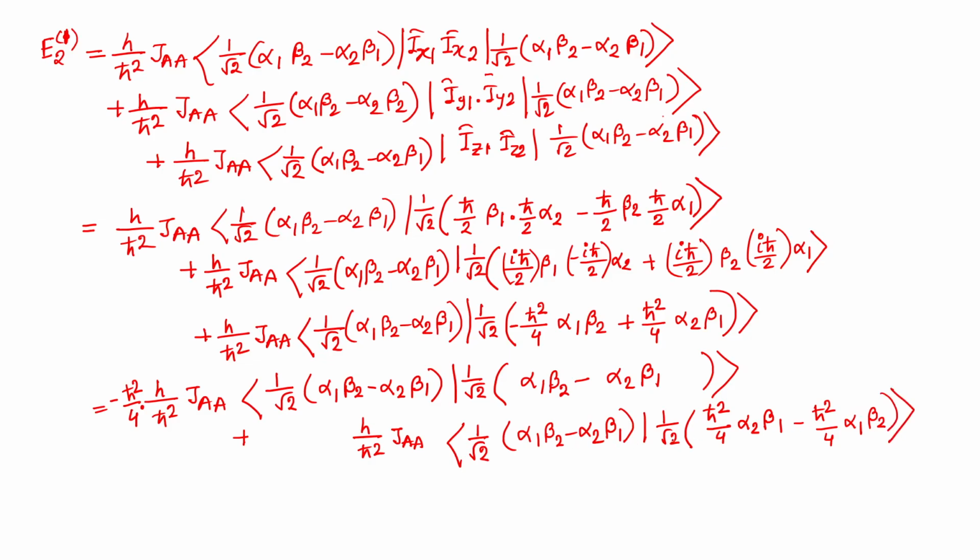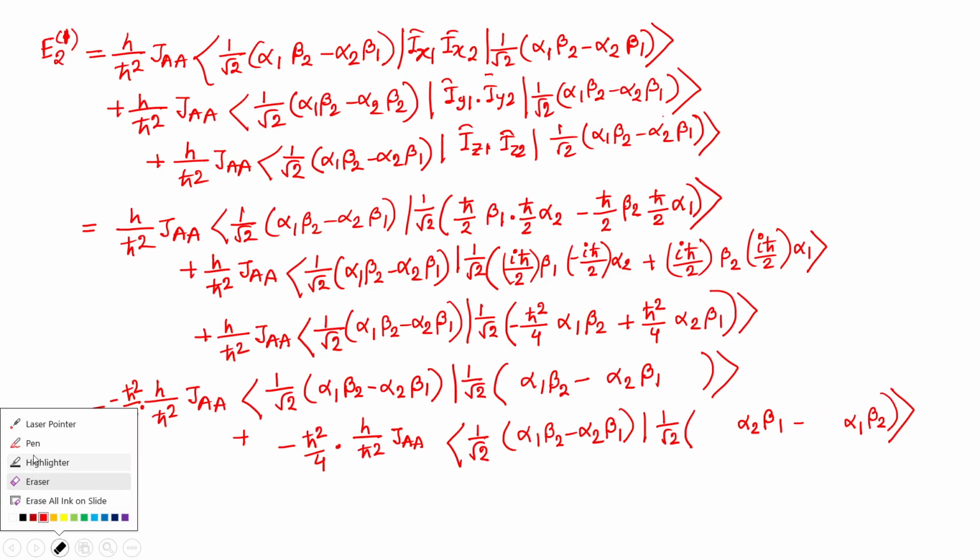So you understood that I have to take minus ħ square by 4 common here also, and if I do that, I'll remove this, and I have to change the sign. It will become plus plus, it will become minus, and it again becomes alpha 1 beta 2 minus alpha 2 beta 1, and you need to consider 1 over root 2 inside this, because this is a normalized wave function, right?